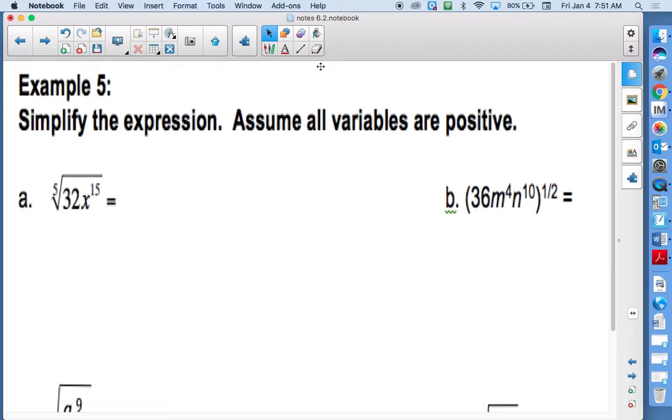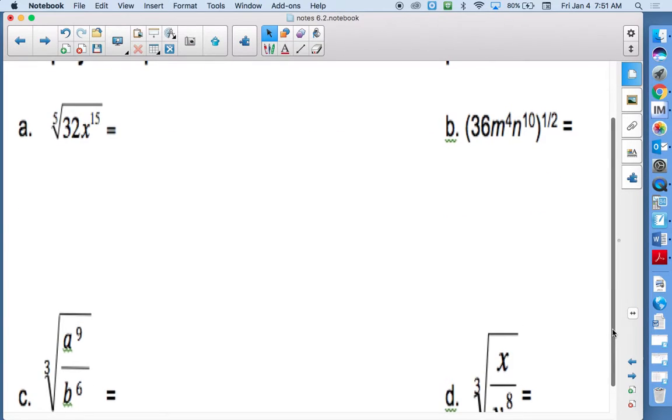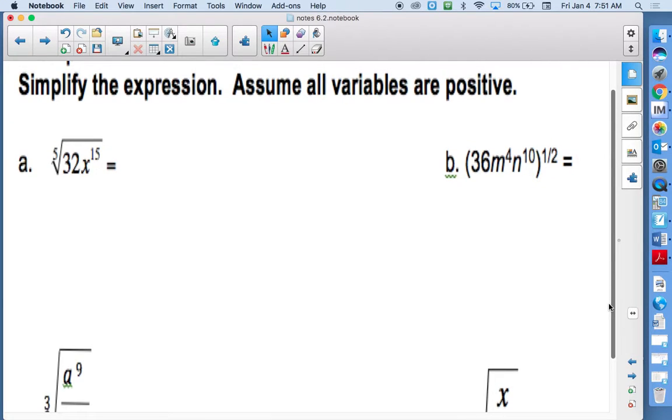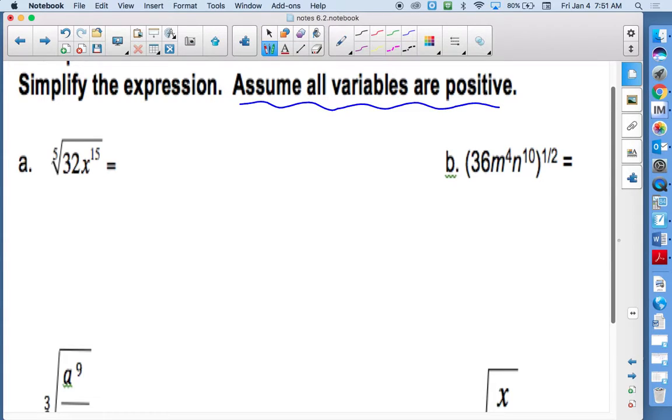So if you look at letter A, we have the 5th root of 32 times x to the 15th. The directions say to simplify, and then it says assume all variables are positive. That part up there is given to you. Because if you have a negative number plugged in for a variable, and you have a square root, you can't take a square root of a negative number.